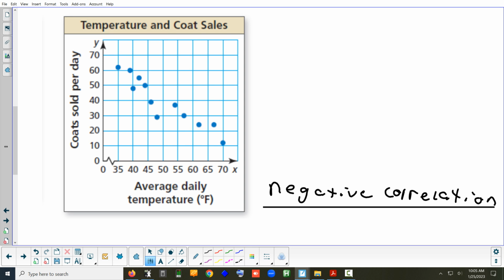Okay, so yeah, when the temperature starts to get colder, the number of coats they sell goes up. Or you could also say as the temperature gets warmer, the number of coats they sell goes down. So that's what it means to have a negative correlation here. As one thing is going up, the other thing is going down. As temperature goes up, coat sales go down.